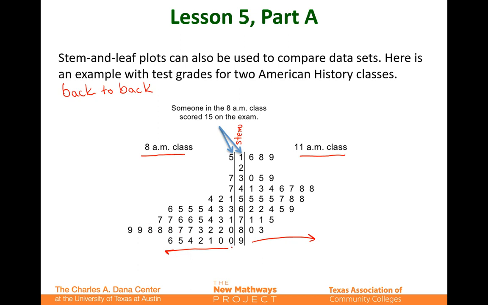For one thing, look at this. In the 8 a.m. class, 1, 2, 3, 4, 5, 6, 7 students made A's, whereas no one in the 11 a.m. made an A. Obviously, this class stayed up late, but they weren't studying and they slept in. You could talk about ideas about the number of students who made 70 or better. You can see here you had 5 students with a 70 or better.